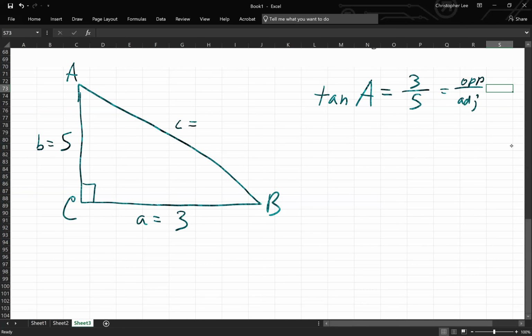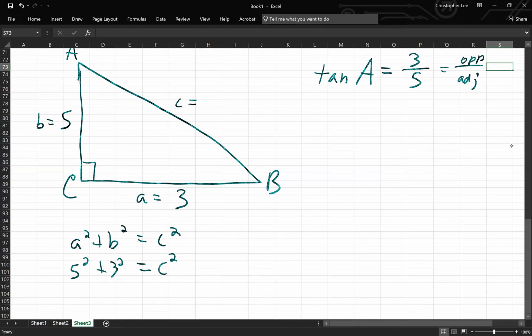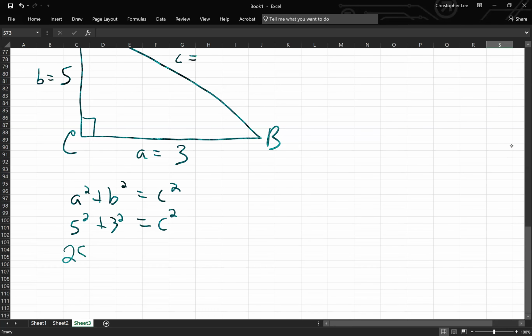Very good. A squared plus B squared equals C squared. This is going to be 5 squared plus 3 squared is equal to C squared. Very good. C equals square root 34. Perfect.